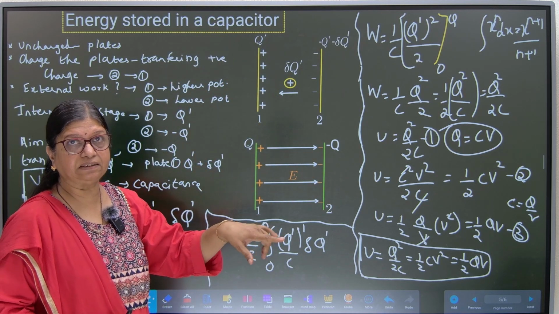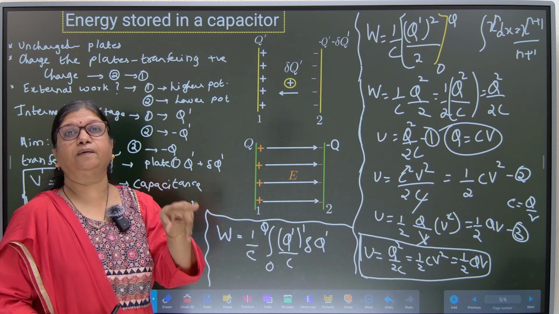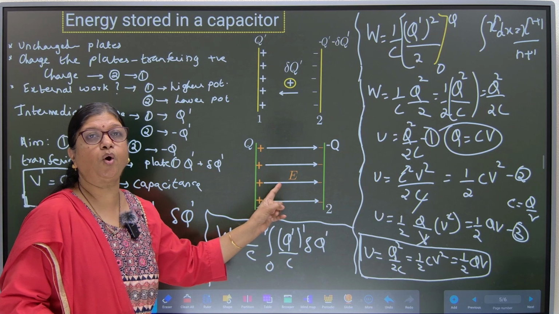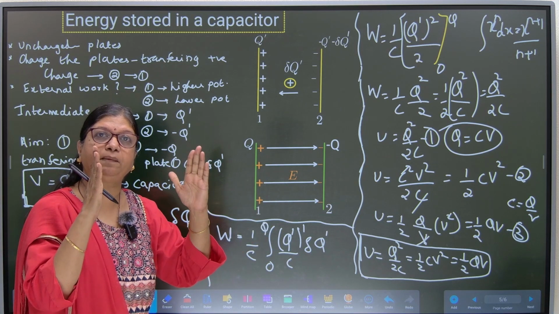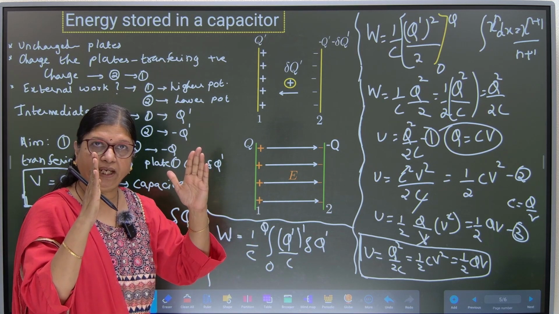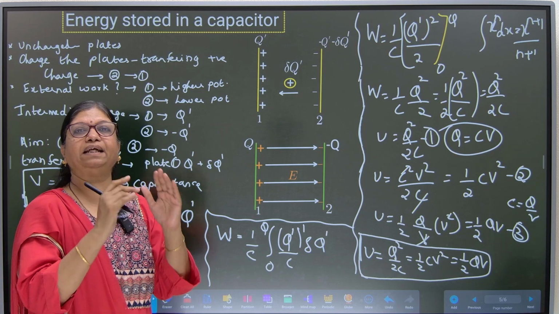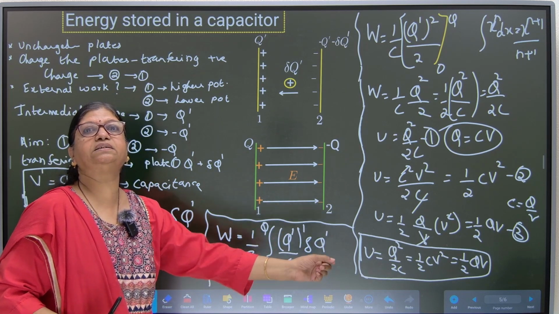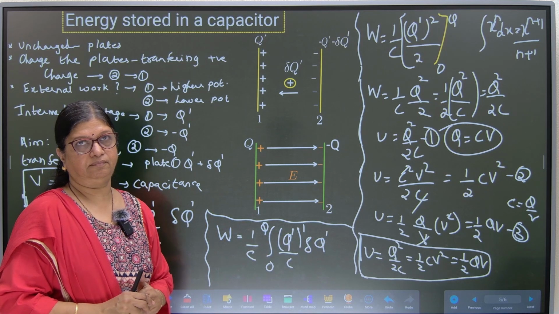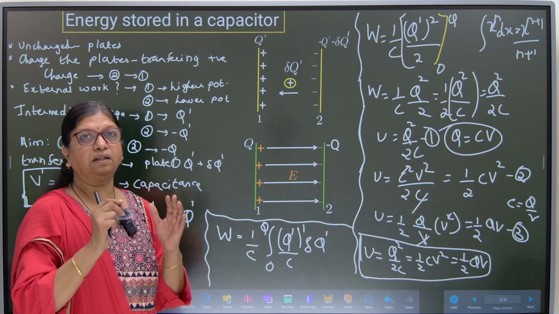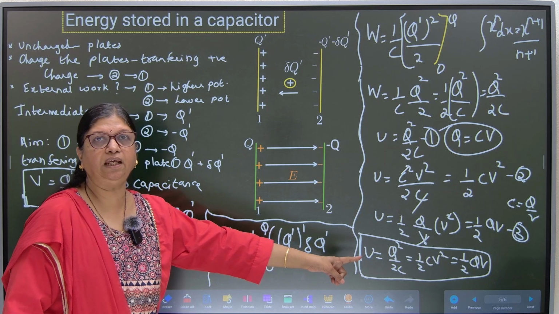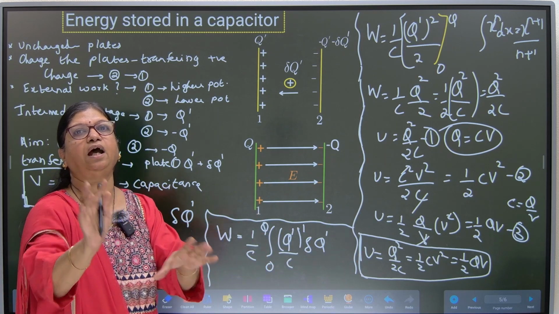You can consider that the energy is stored in the electric field between the plates. And when the capacitor gets discharged, this energy is released. This is the amount of energy released in the discharge.